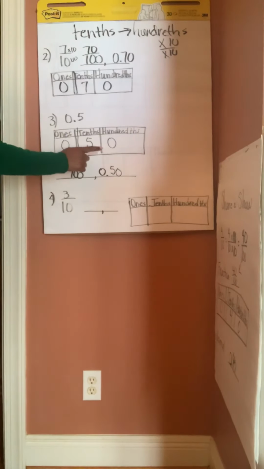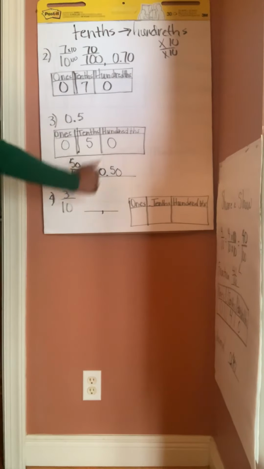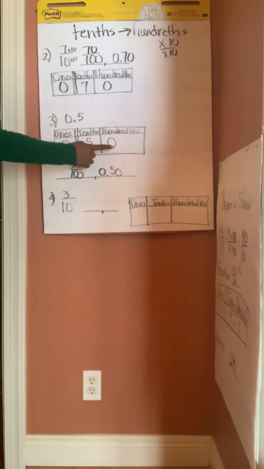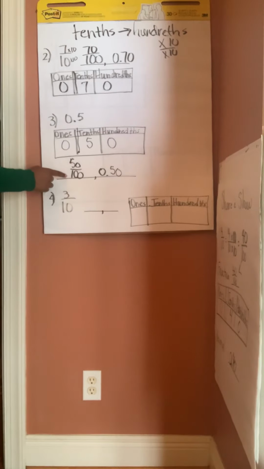This is the same as 50 cents. $0 or 0 ones, 5 tenths or 5 dimes, 0 hundredths. 50 cents. 50 out of 100, 50 cents. Okay?